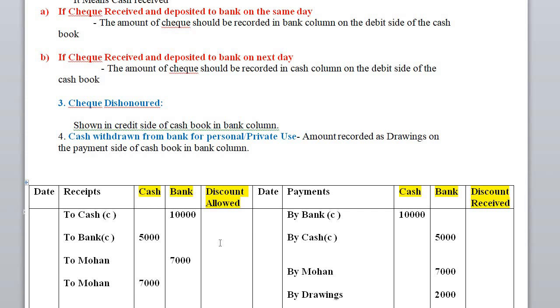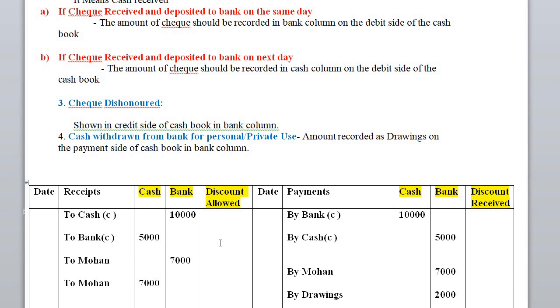Then the fourth keynote, cash withdrawn from bank for personal or private use. If cash is withdrawn for private use, it will be recorded on the payment side of the cash book in the bank column.